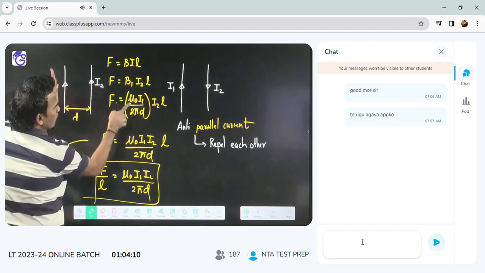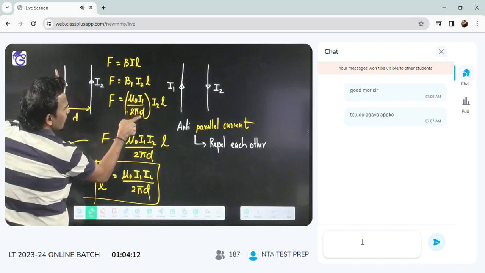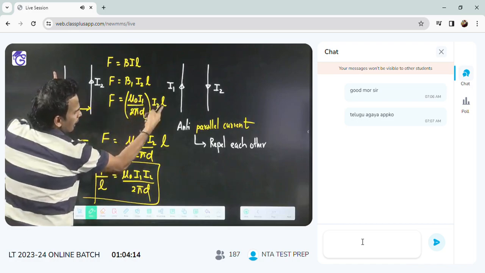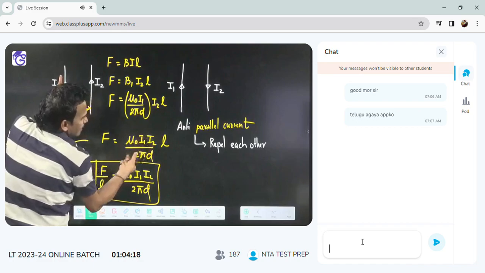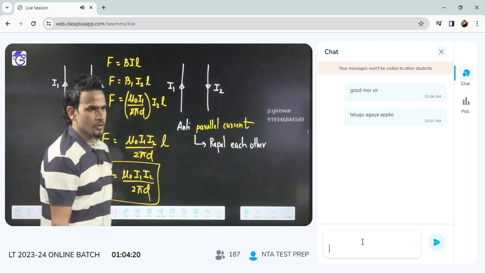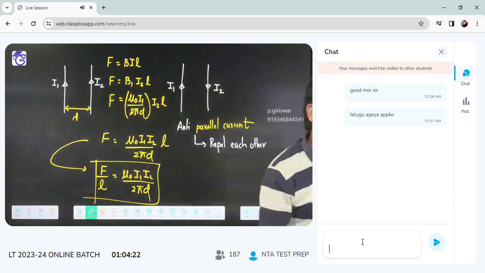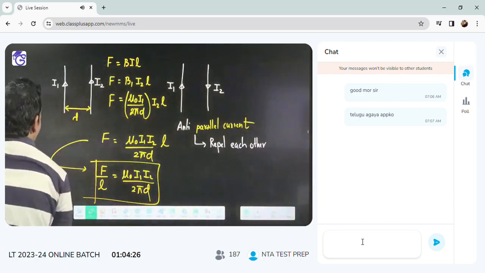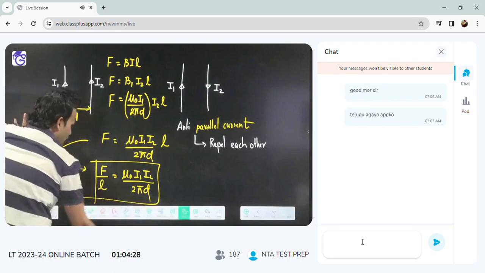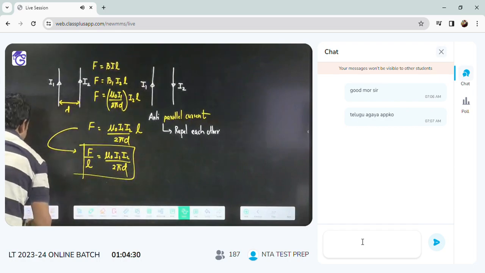Wire 2. So mu naught I2 by 2 pi d into I1 into L. Again you will get I1 into I2, so the same force will act. Done. They will give you I1, I2, all these values, put them in and you will always get the answer.